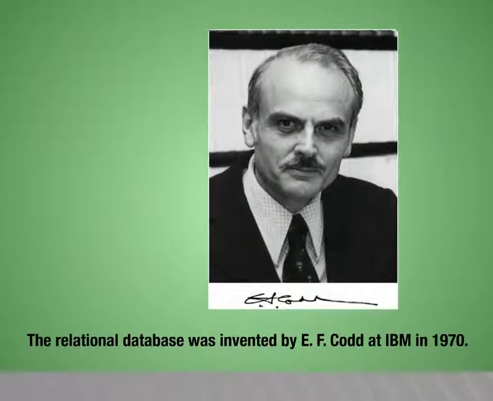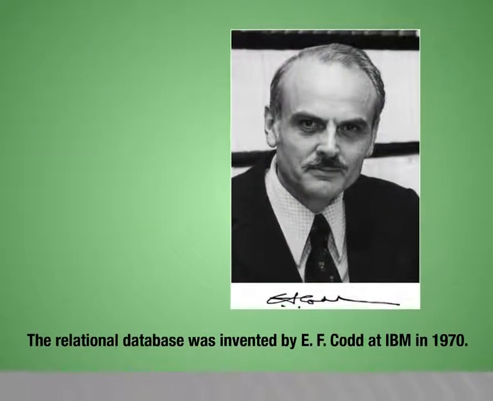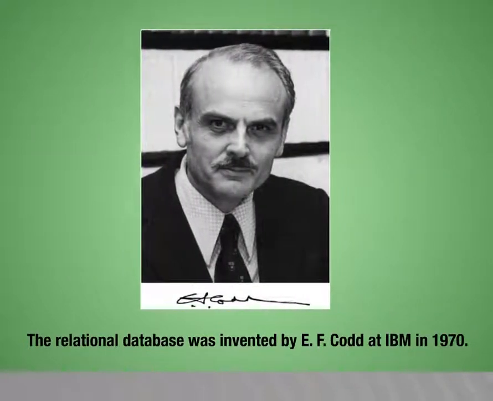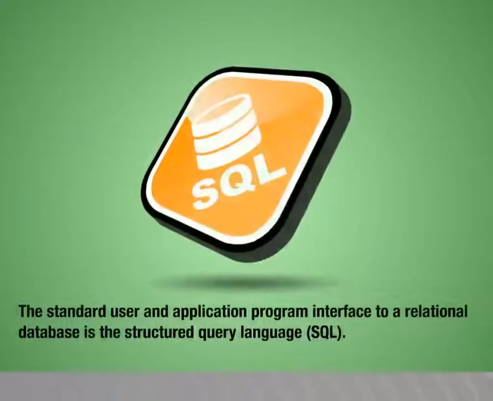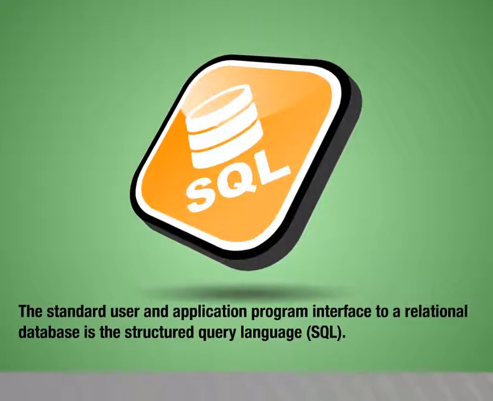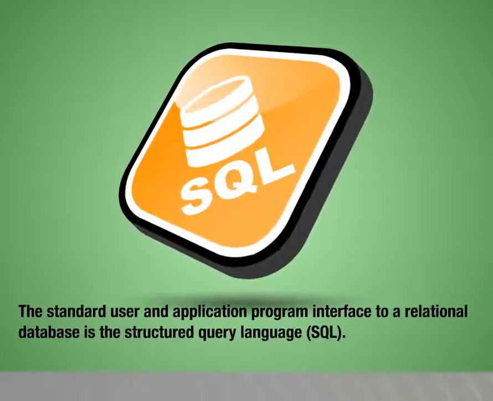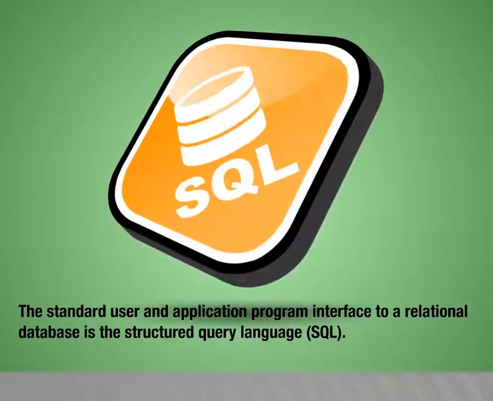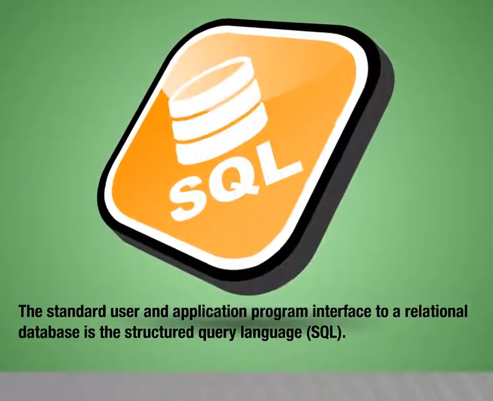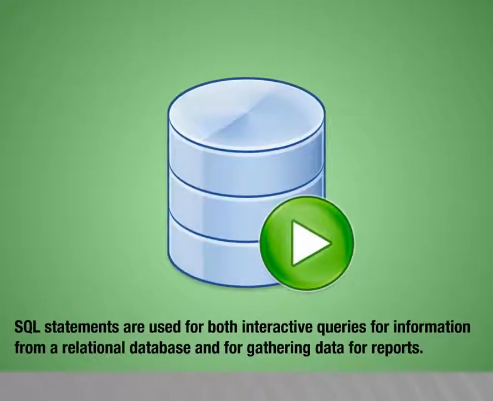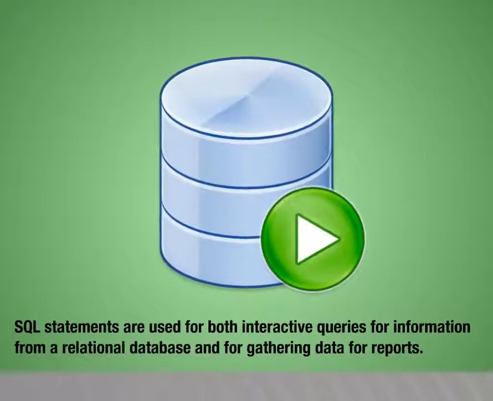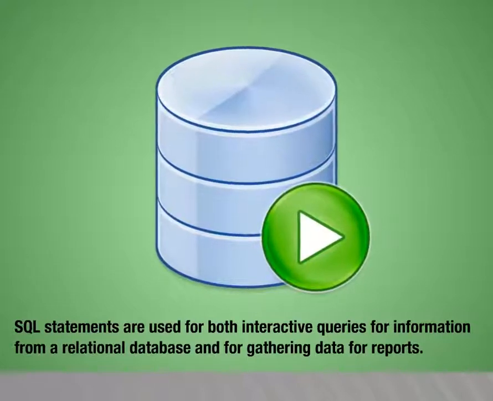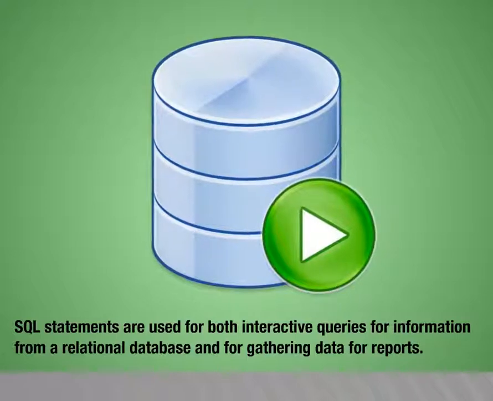The relational database was invented by E.F. Codd at IBM in 1970. The standard user and application program interface to a relational database is the Structured Query Language (SQL). SQL statements are used for both interactive queries for information from a relational database and for gathering data for reports.